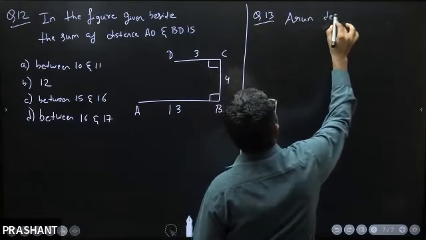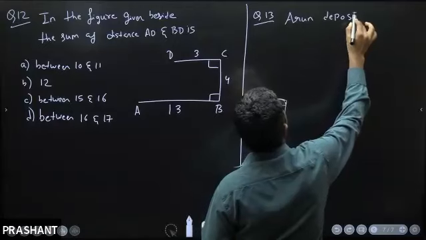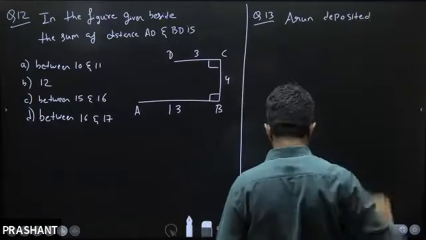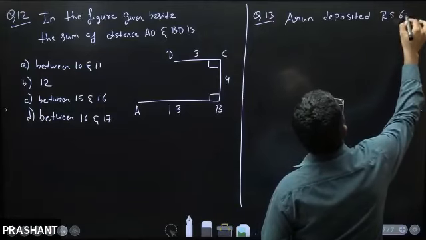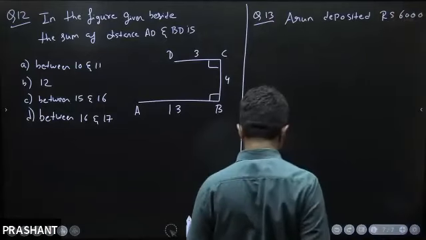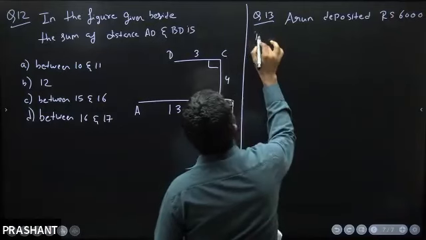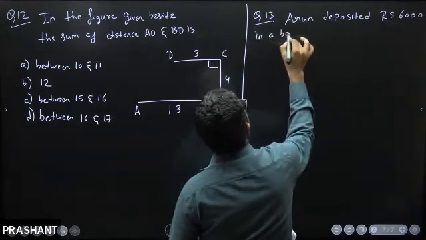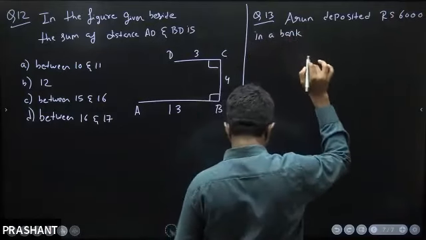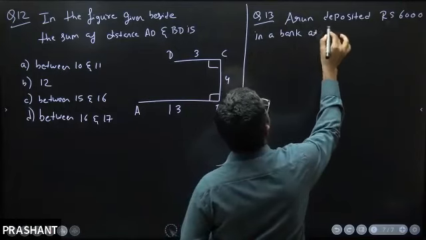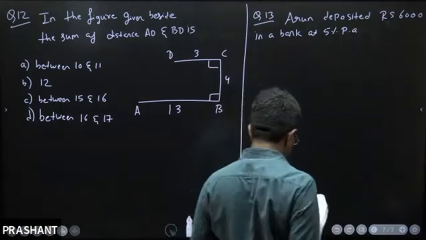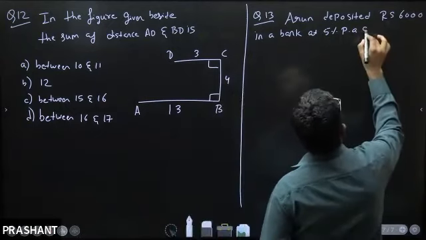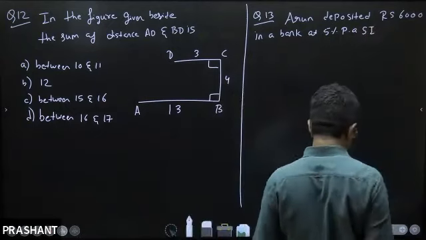Arun deposited rupees 6,000 in a bank at 5% per annum simple interest.